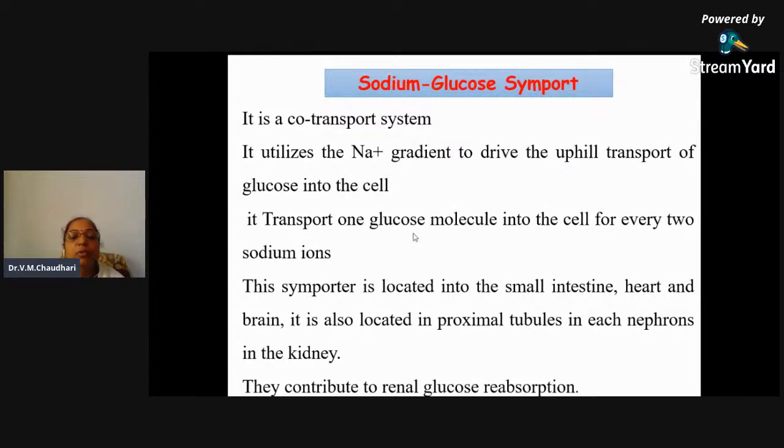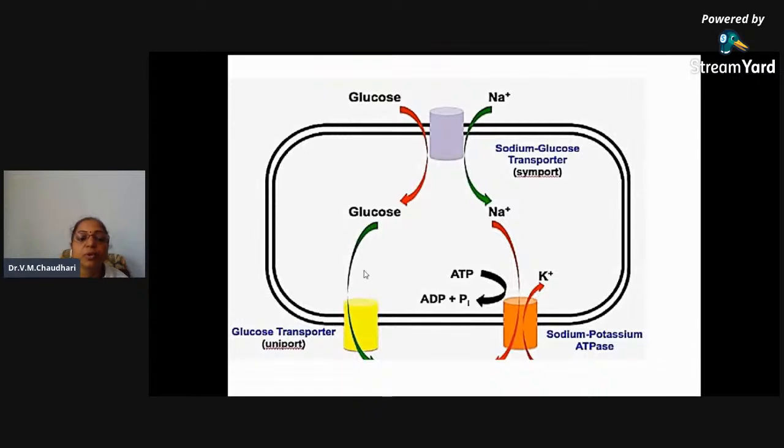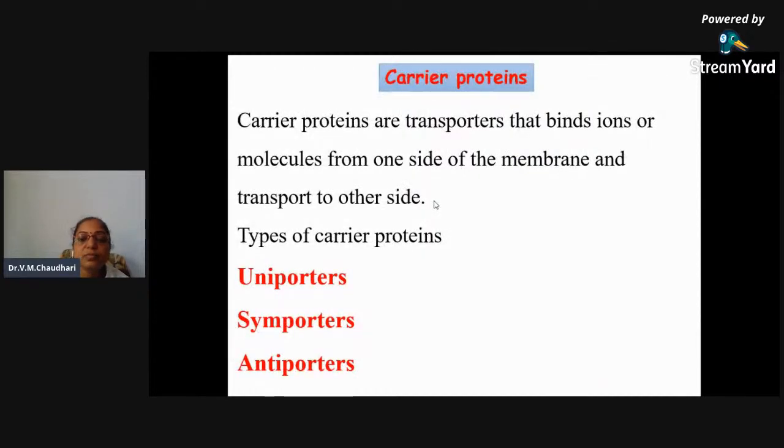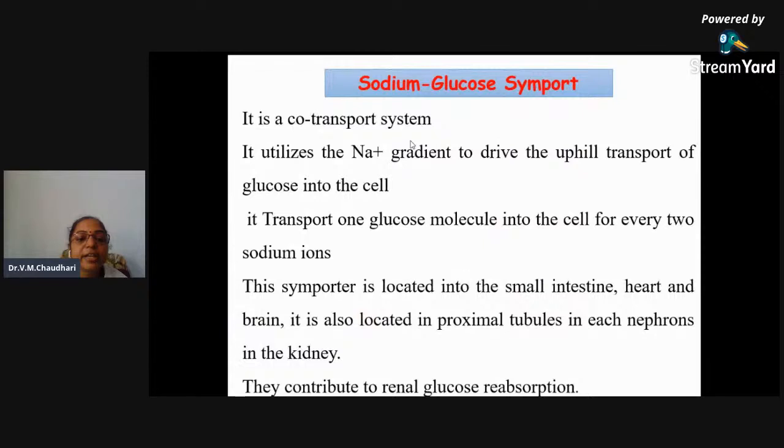It transports one molecule of glucose into cell for every 2 molecules of sodium ion. म्हणजे 2 सोडियम आयन मध्ये जातील तर त्याच्याबरोबर एक ग्लुकोजचा मॉलिक्यूल पण राहील. हे डायग्राम बघा. दिस इज सोडियम ग्लुकोज सिम्पोर्ट. ग्लुकोज मॉलिक्यूल पण सेलमध्ये जातोय, सोडियम मॉलिक्यूल पण जात आहेत. 2 सोडियम मॉलिक्यूल सेलमध्ये जातात. Okay, so it transports 1 molecule of glucose and 2 molecules of sodium ions in the cell.